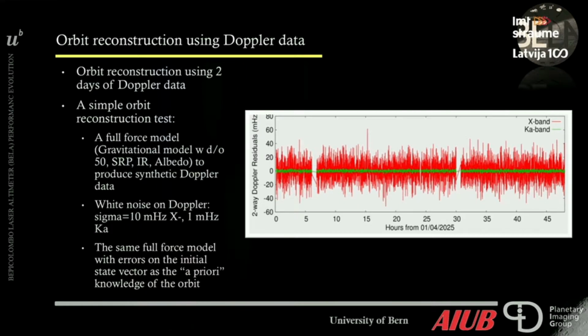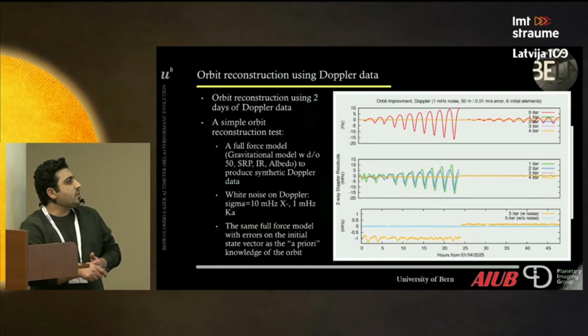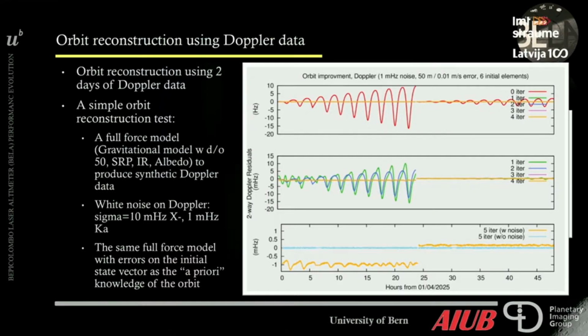The next test that we did was we used again the same full force model for both the synthetic reality and our a priori knowledge, but with different initial conditions. And here you can see that after some iterations, the red line is the first iteration, and after some iterations, you can go to the noise level.